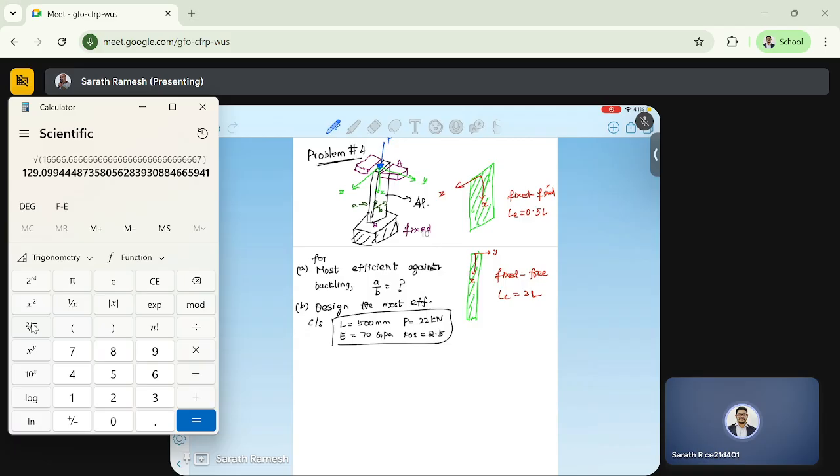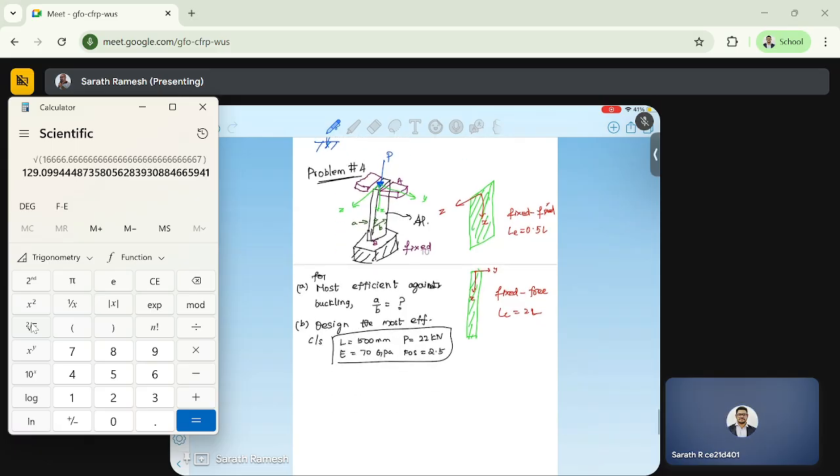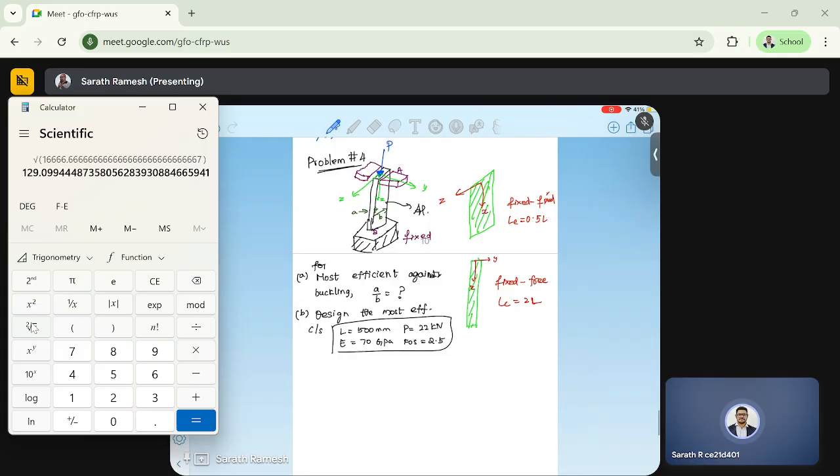Pause the video and please try yourself. Maybe I can give you a hint: what is the criterion for the most efficient section? The hint is in the slenderness ratio. If my section is most efficient, the slenderness ratio along the two axes, y and z, has to be equal.